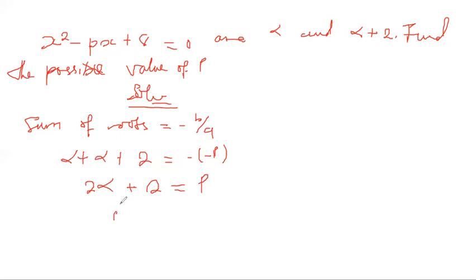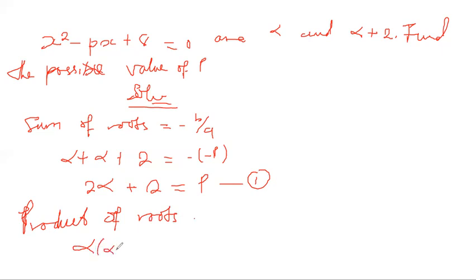So here we shall call this equation 1. And then we also get the product of roots. So this will be alpha times alpha plus 2, and this will be equal to 8.